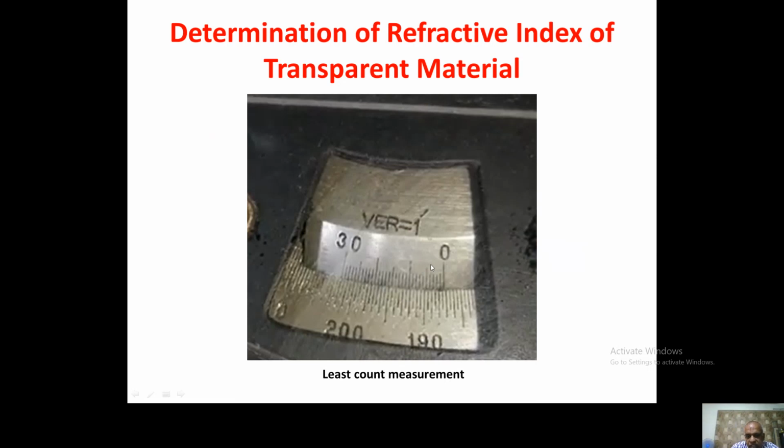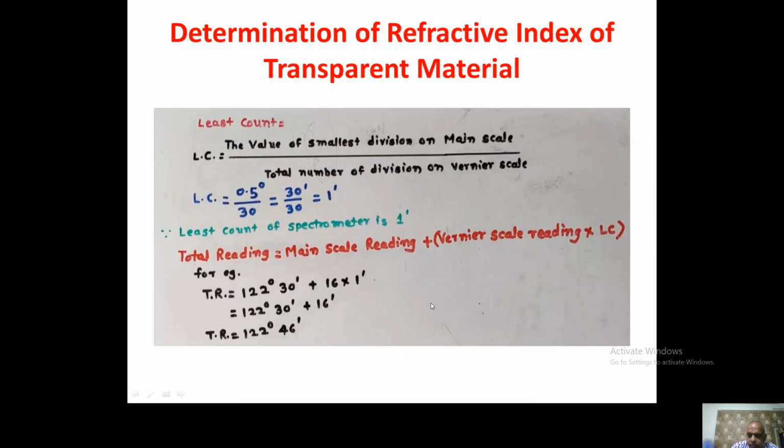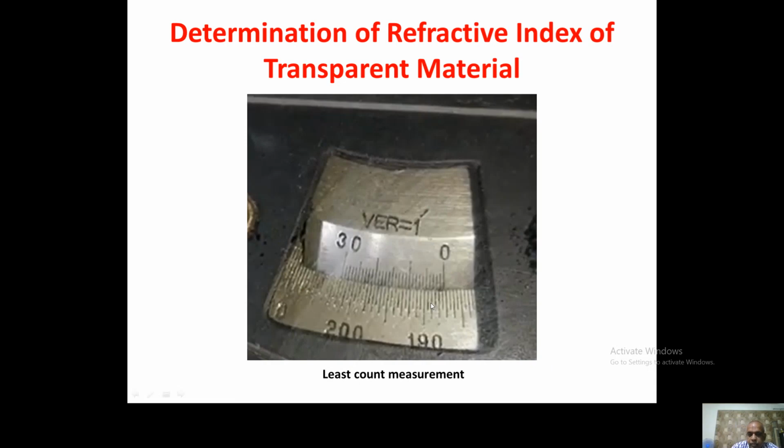This is the vernier scale and this is the main scale. To complete the circle, there are 360 degrees.